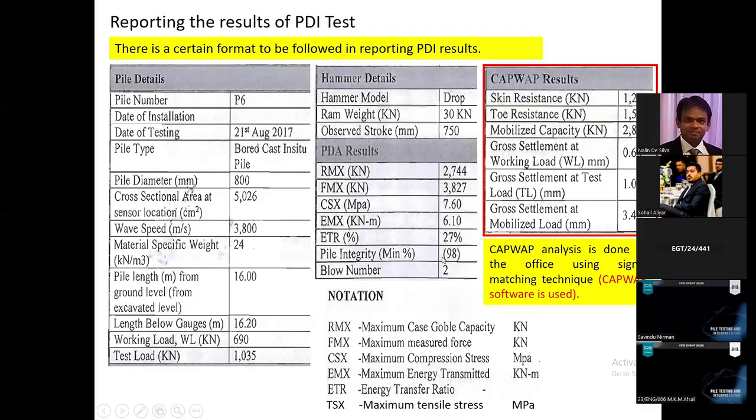The pile integrity can also be obtained. The minimum pile integrity is 98%. That means everywhere else the pile integrity is more than 98%, so it has good integrity along the pile. Only 2 blows are given.